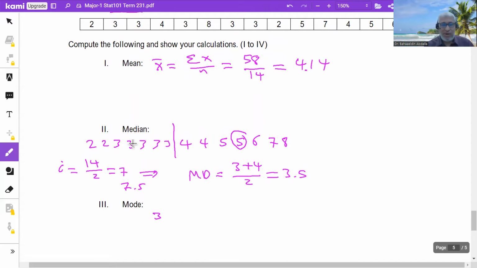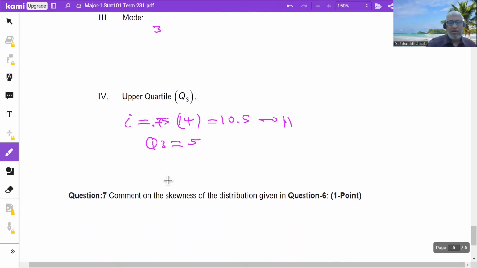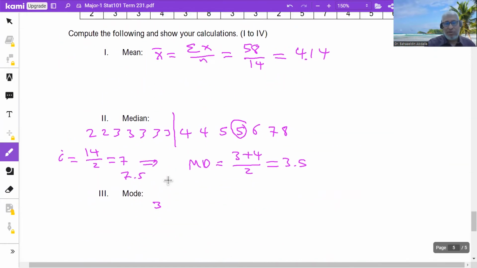So this is Q3, and I can say that this 3 is Q1, okay? So Q3 is 5, and if he asks about any percentile, the 90th percentile, for example, I use 0.90 and multiply by 14.